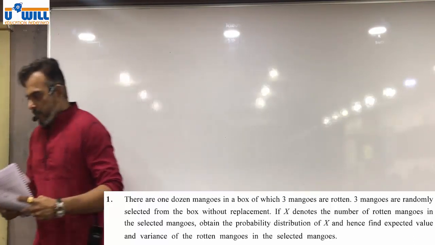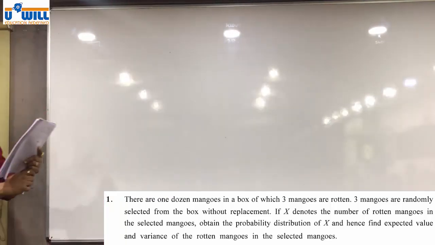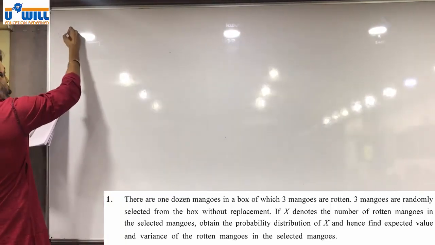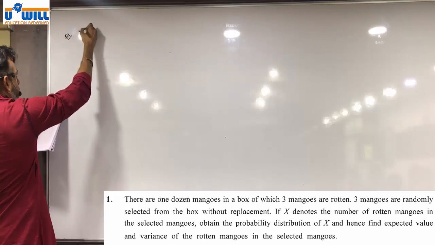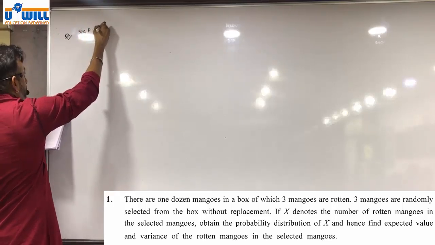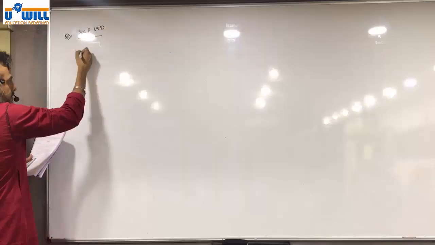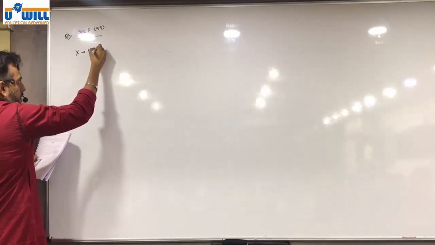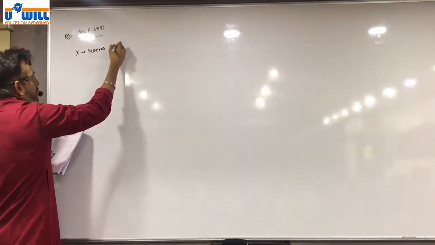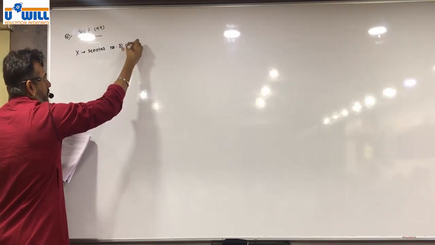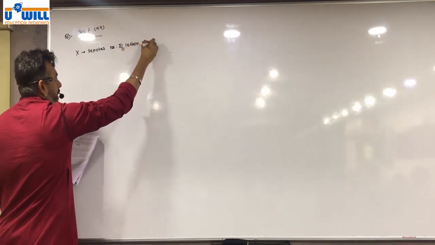Now, first of all, question 1, section F, page number 99. X denotes what? It denotes number of rotten mangoes.